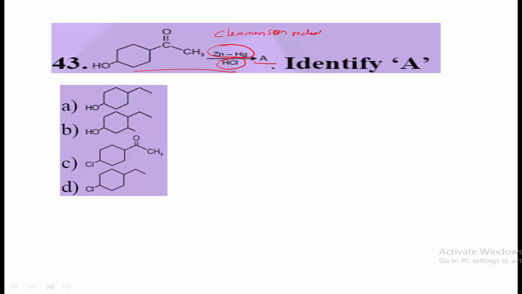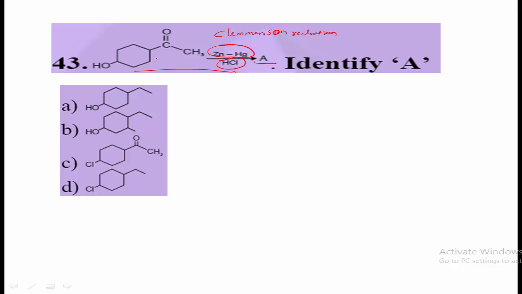What does Clemmensen reduction say? When an aldehyde or ketone reacts with zinc amalgam and concentrated HCl, it forms the corresponding hydrocarbon.